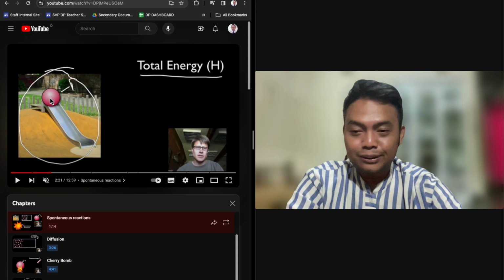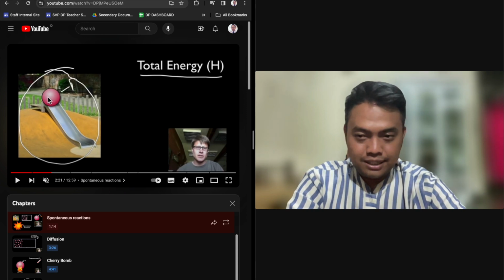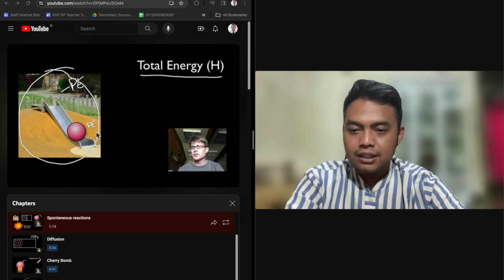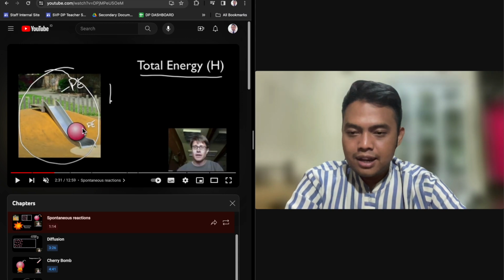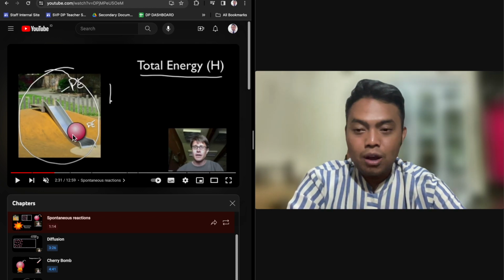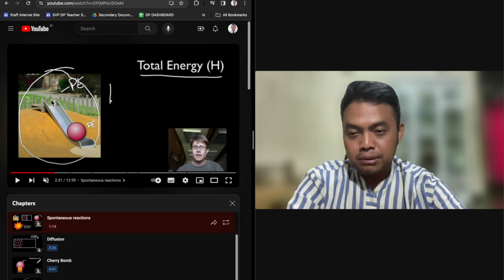The total energy in there is potential gravity. And then if you let it slide down like that, the potential gravity here in this position will be lower than potential energy in here. The total energy is delta H in there.